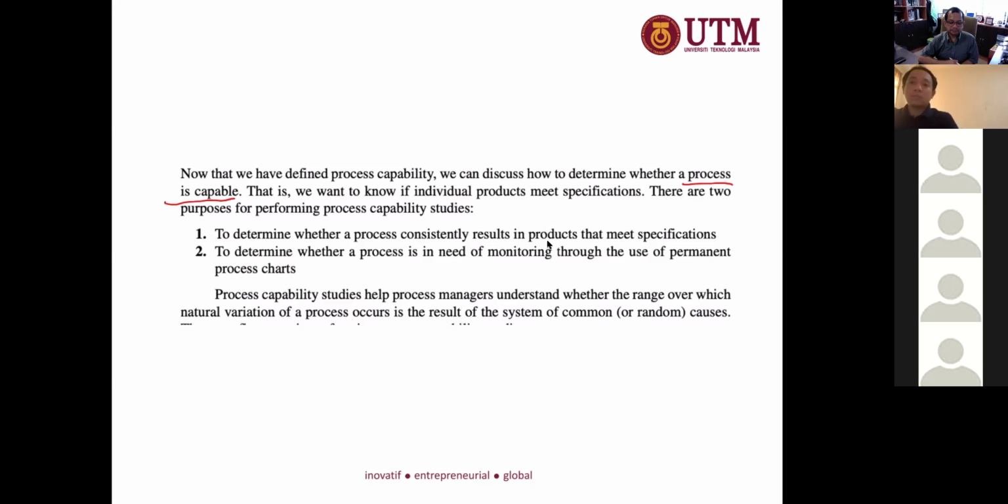So there are two purposes of performing a process capability study. First, we want to determine whether the process consistently results in meeting the specification or not. Meeting specification means no reject.